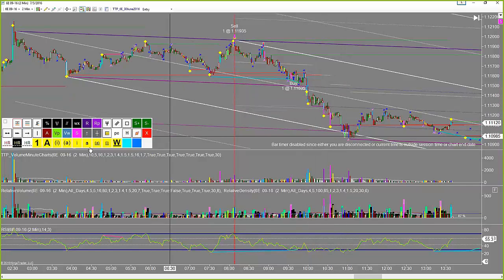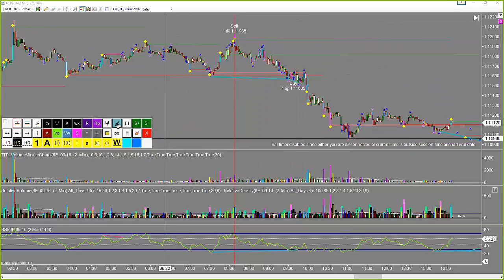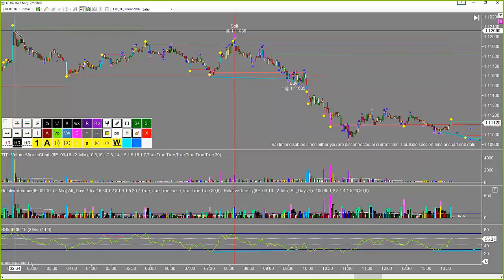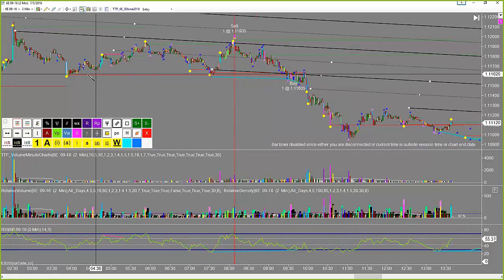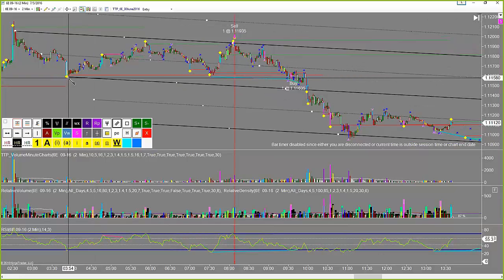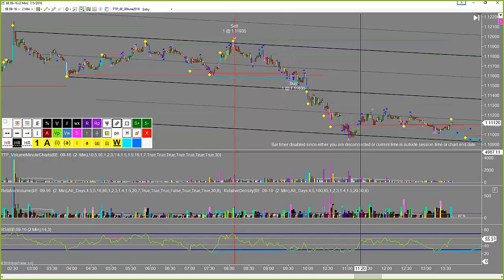So if nothing else, we did essentially what you could call a one-to-one using both time and price rather than just price, since fibs are only looking at price independent of time. Channels are looking at both time and price, which is why it's both a timing and a support and resistance tool.